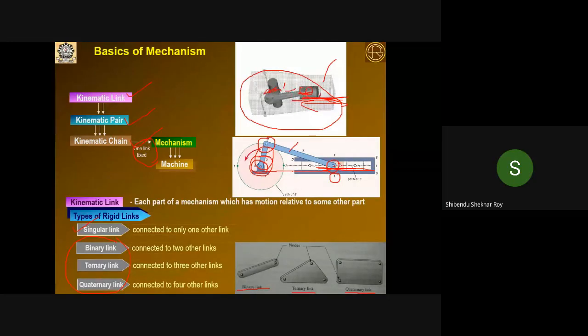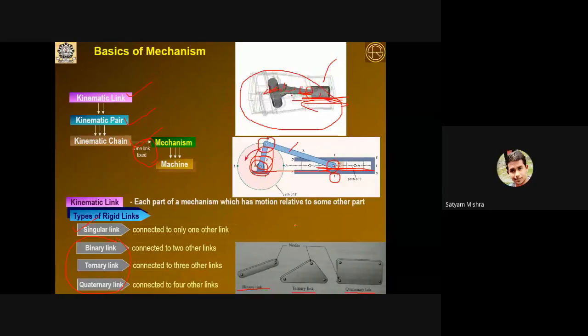Again, link number 1 is connected to link number 4 with the prismatic pair. That means it is connected to 2 links. So link number 2 is binary, link number 3 is binary, link number 4 is binary, link number 1 is also binary. That means all 4 links are binary.